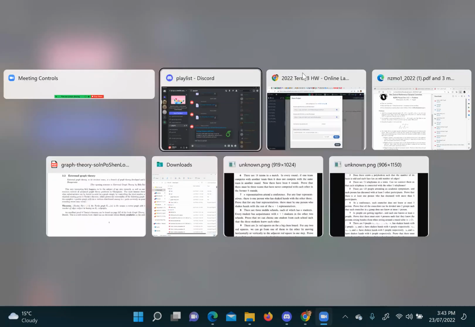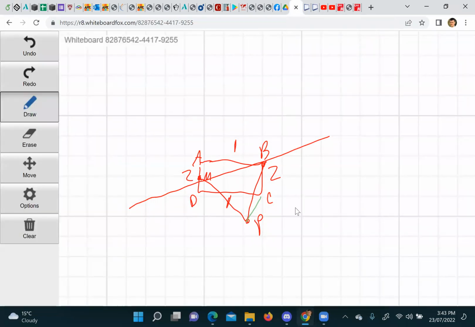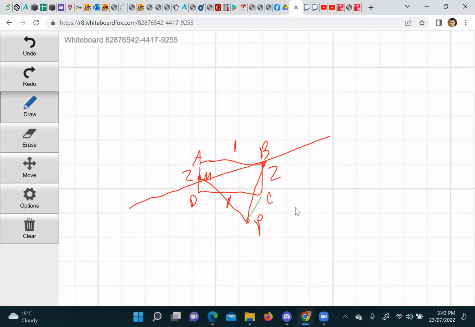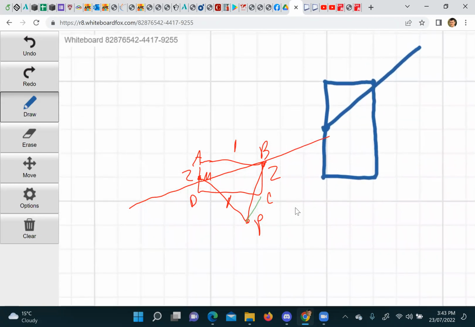Yes, the drawing is way out of proportion. Okay, so let me redraw this. I have a super to proportion drawing. Okay.